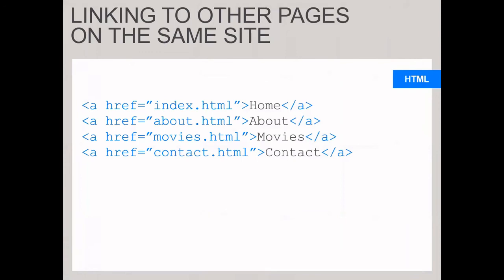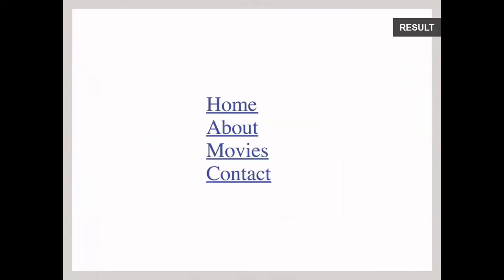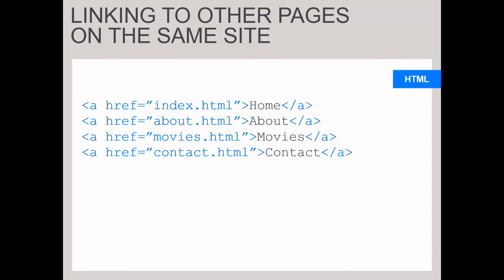Now you can have references to pages in your own site. So, for example, these are the pages that we have locally created. If we have something like this, it should appear like that, a list of links. If you click on any of them, it would take you to that other page.